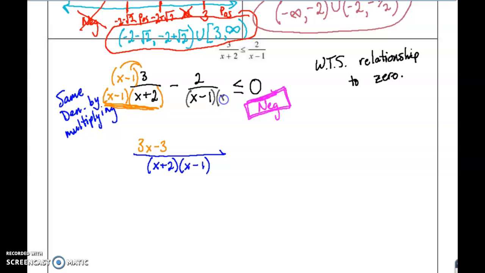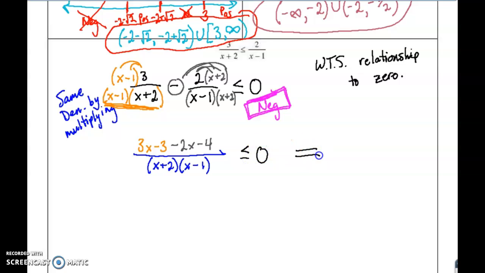Pretty much the same color, but I need to multiply this bottom fraction by x plus 2. You need to be careful because you also need to distribute this minus and this 2 to each term. So I'm really going to have minus 2x minus 4 is still less than or equal to 0.